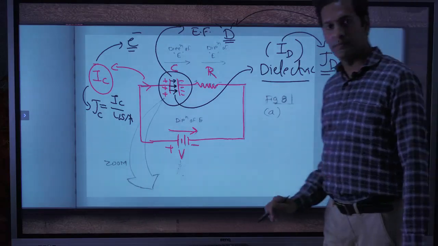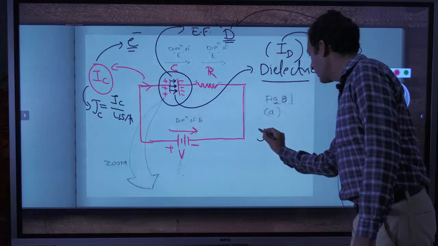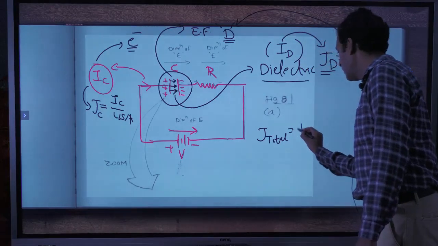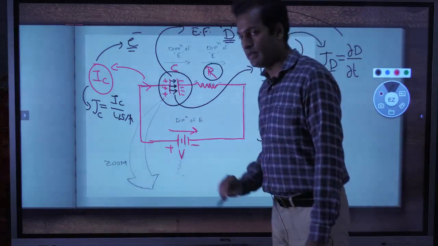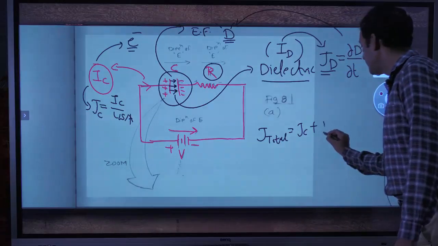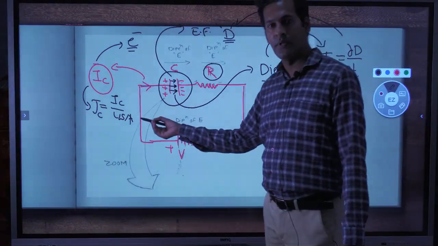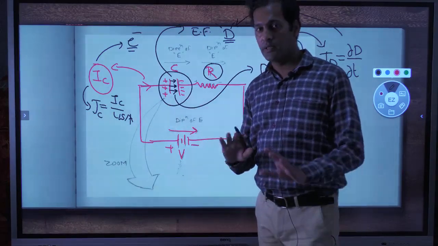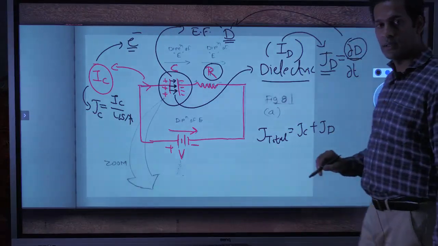So in this circuit there are two types of current densities. If we want to find the total J, it will be equal to JC, the conduction current inside the wire and resistor, plus JD, the current density inside the dielectric, which is not supposed to flow electrons. So what flows there? It doesn't flow electrons, it flows flux lines, as we discussed in an earlier session.